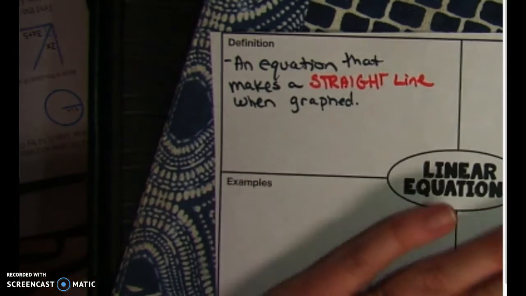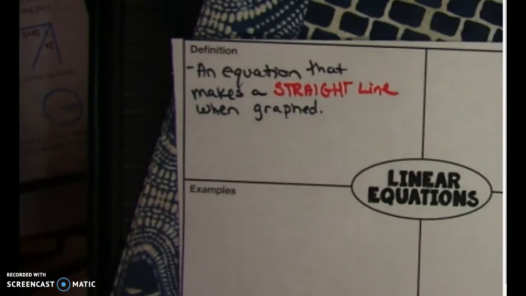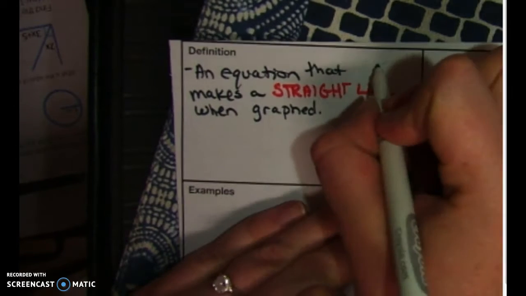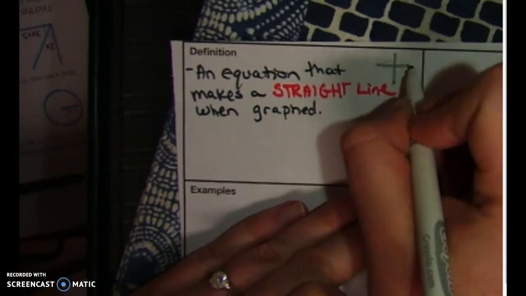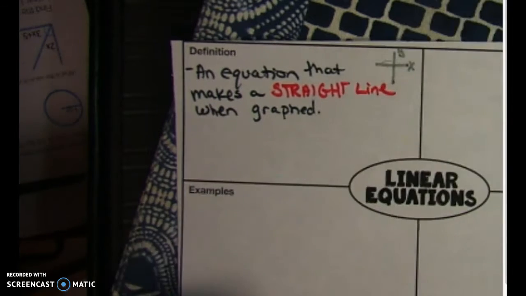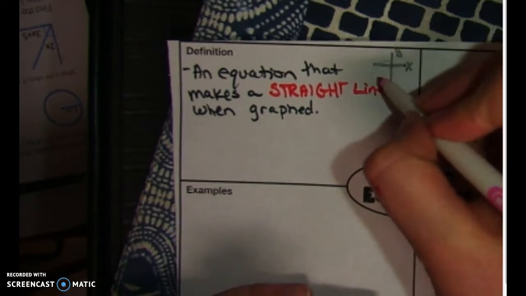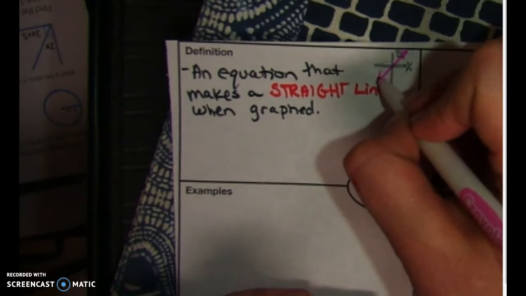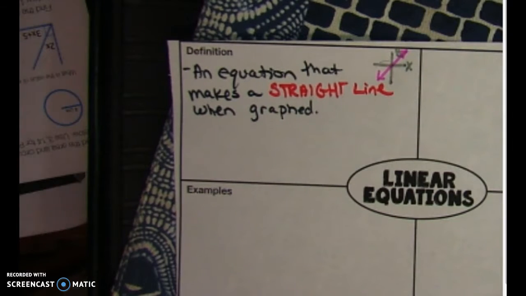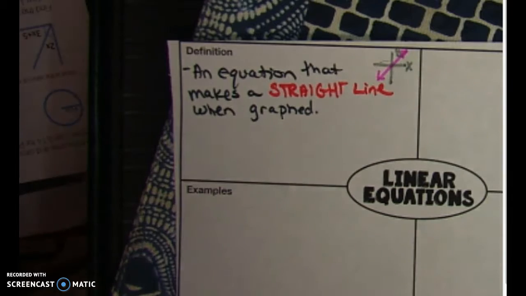Okay. Straight line. So if I had a coordinate plane, I'm just going to draw a quick one. So like this is my x and that's my y. A linear equation is going to be a straight line. Okay, there's never going to be a curve or anything to that.